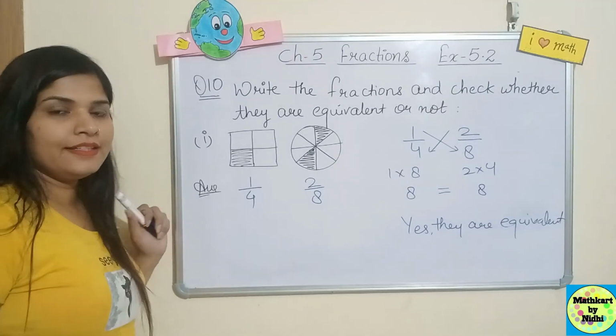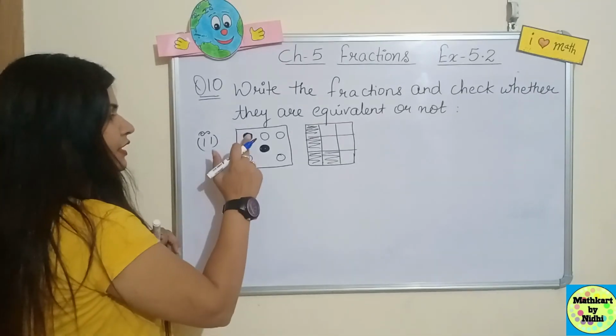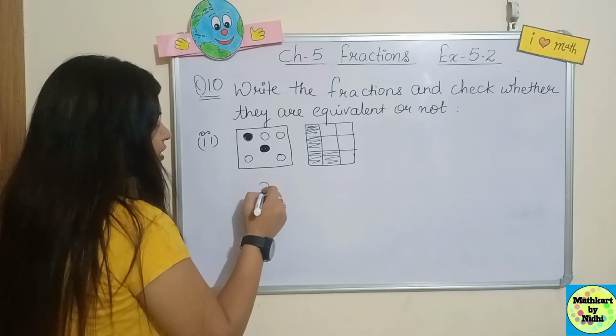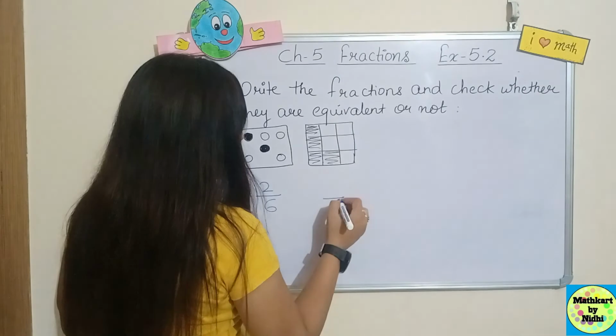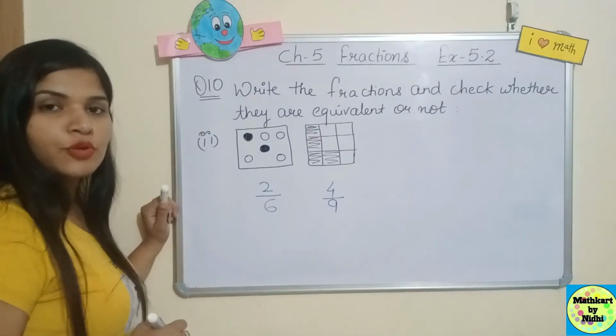Let us see the second part. Let us see what the given fraction is. Here there are a total of 6 dots. Out of 6 dots, 2 dots are colored. So this is 2 upon 6. Here there are a total of 9 boxes, out of which 4 are colored. So the given fraction is 4 upon 9.